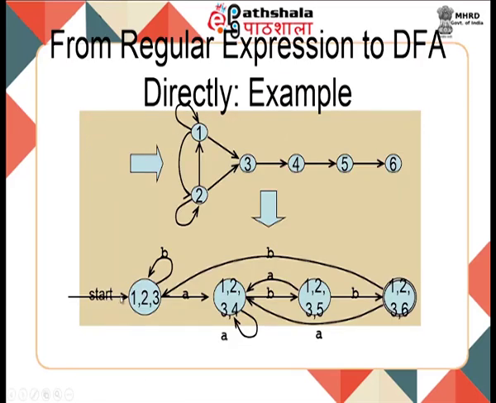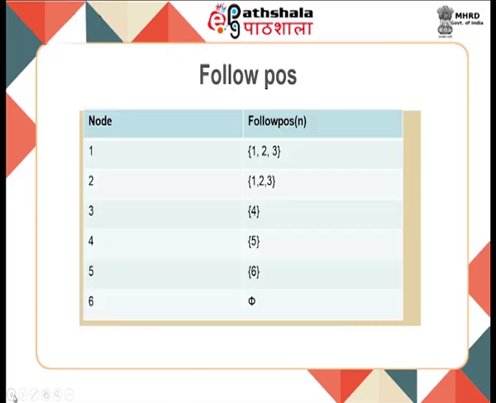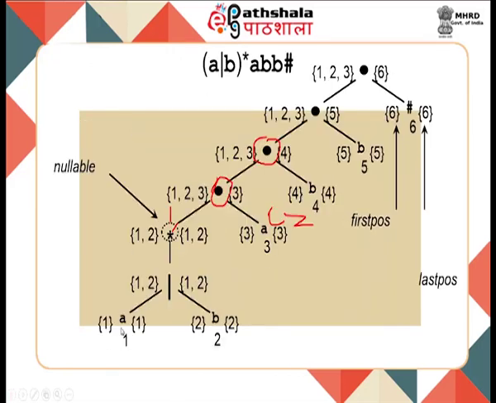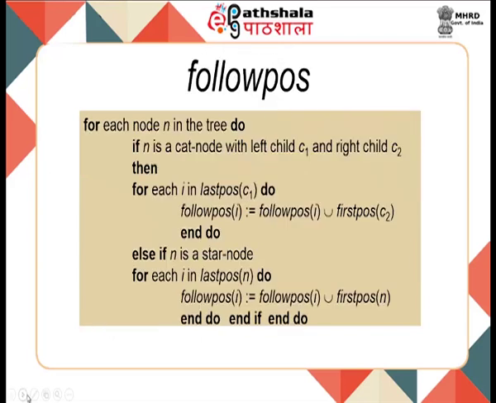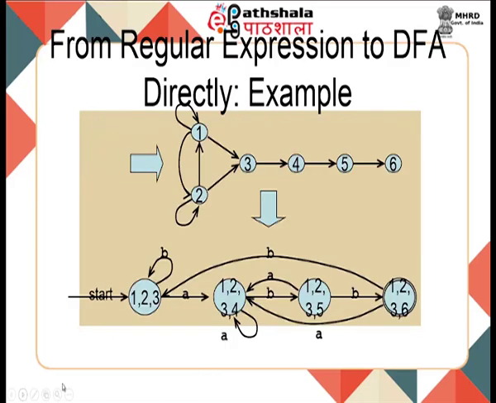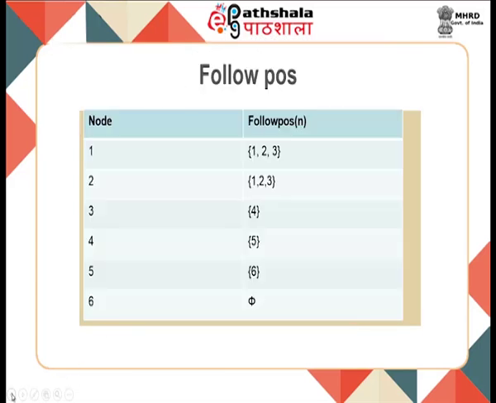I have 1 comma 2 comma 3. Now, look at the tree, the syntax tree. The syntax tree has got 1, 2 and 3. Now, out of these 3 nodes, 1 and 3 belong to A. So, you should look at the transition on 1 on A and the transition from 3 on A. So, 1 comma 3's follow position on A, where does it take you to? 1's follow position is 1 comma 2 comma 3 and 3's follow position is 4.